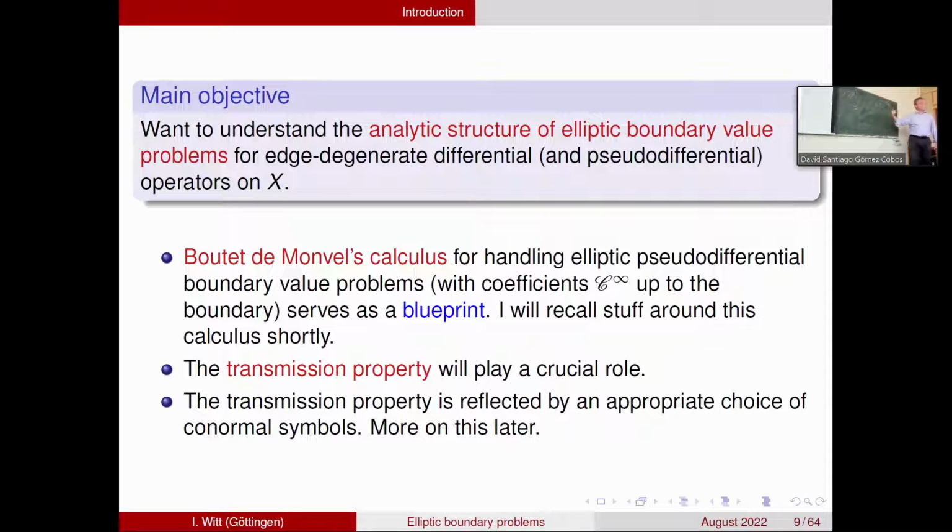Remember, differential operators are smooth up to the boundary and edge-degenerate. The same is true, as you will see, for pseudodifferential operators under some condition. The crucial role is played by the transmission property. I'm going to also do that. And then the generalization we have done last month will use all that stuff.